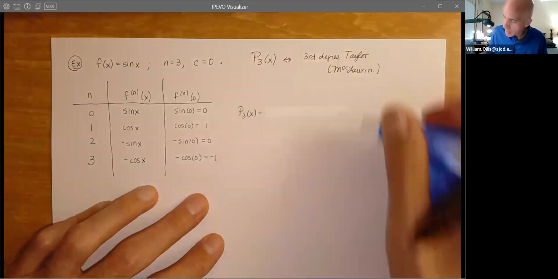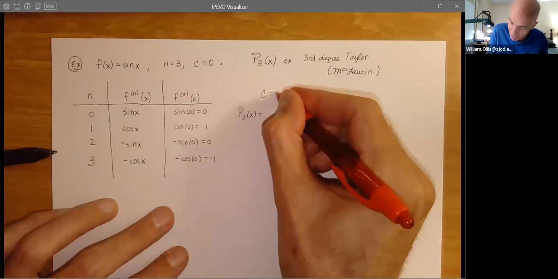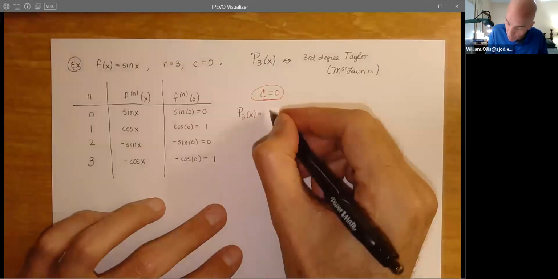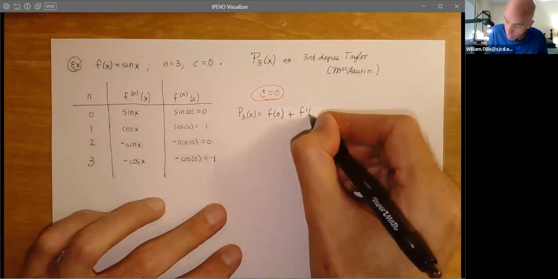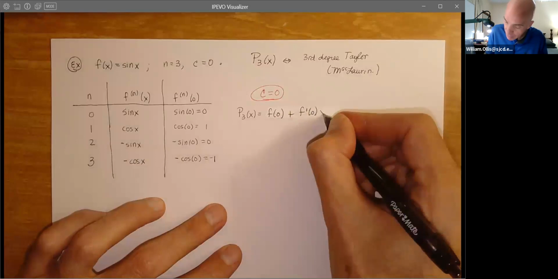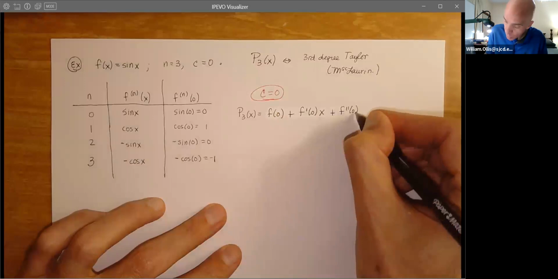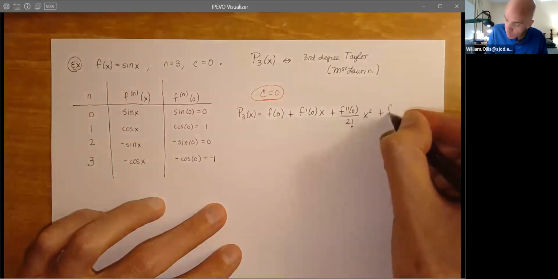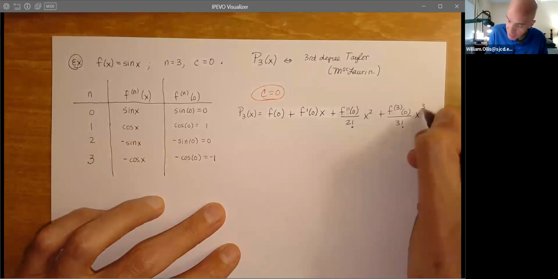Let's just go ahead and take the c equal to 0 and save everybody some time instead of writing it down a million times. So we're going to have f of 0 plus f prime of 0 x plus f double prime of 0 over 2 factorial, x squared, plus f triple prime, or the third derivative of 0, over 3 factorial, x cubed. So again, c is 0.